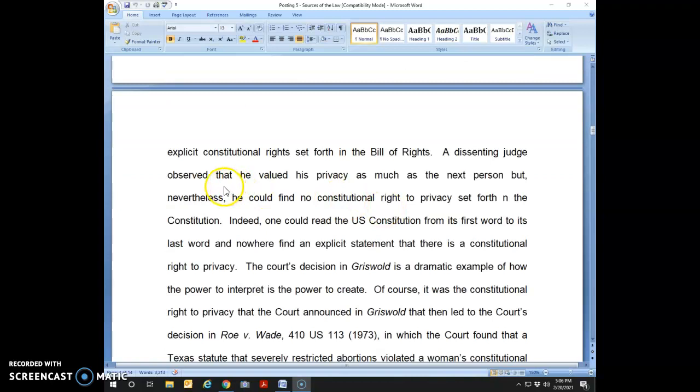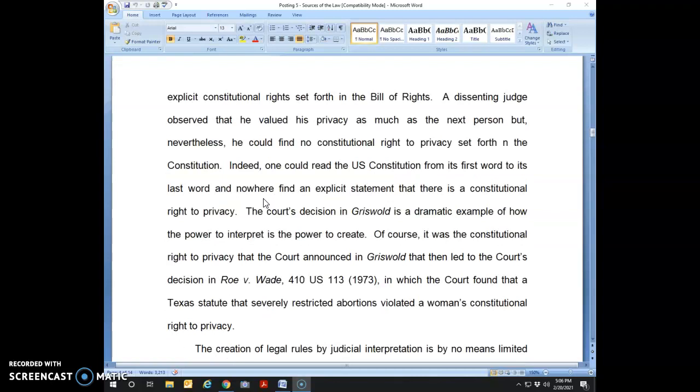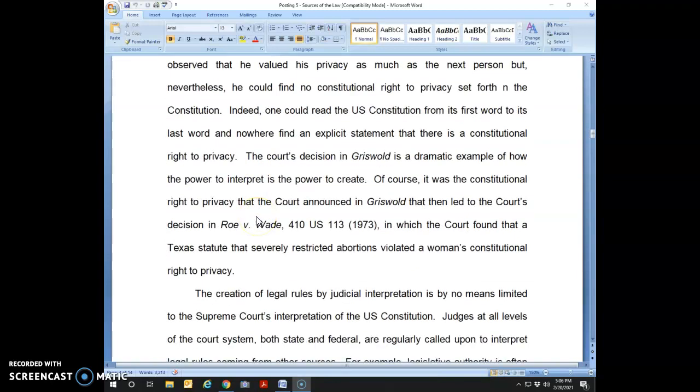And one of the dissenting judges, in other words, this judge disagreed with the majority, stated he valued his privacy as much as the next person, but he couldn't find the constitutional right set forth in the Constitution. In any event, that seems to me, the Griswold case, to be a very significant example of how the power to interpret is the power to create.